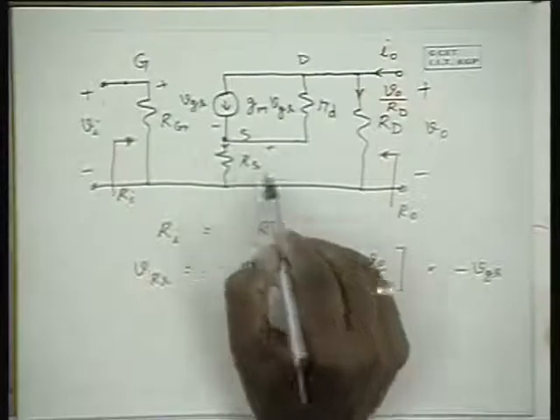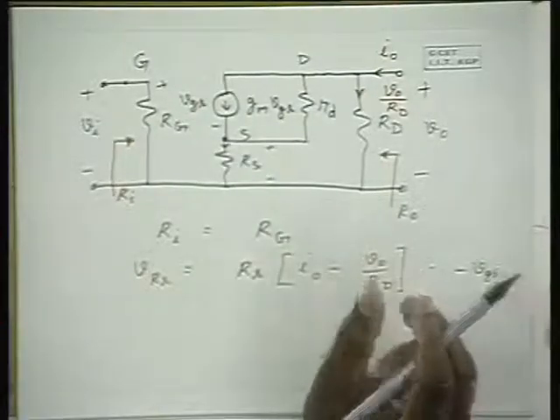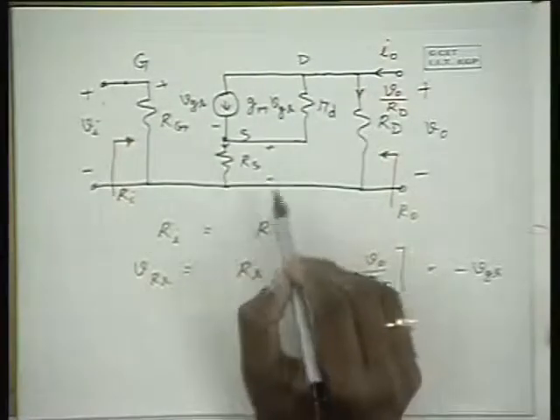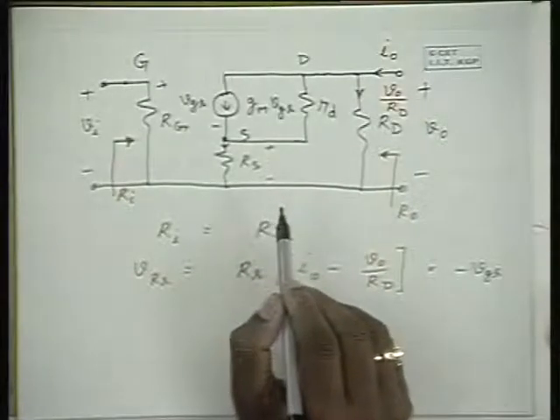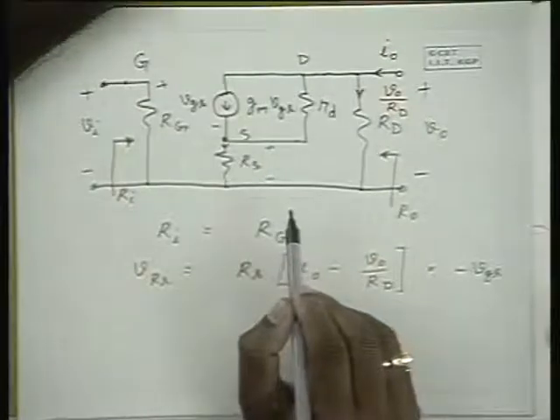You will get another equation for VRS, from which you have to solve this equation, and you can determine Vo by Io.